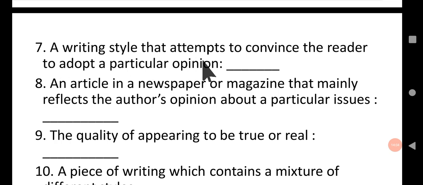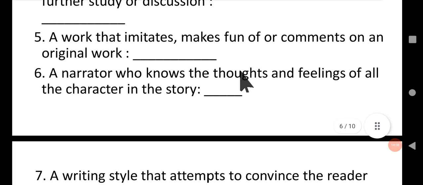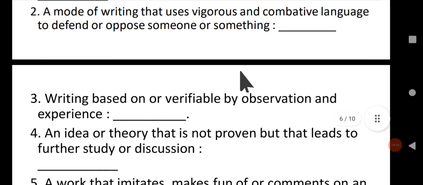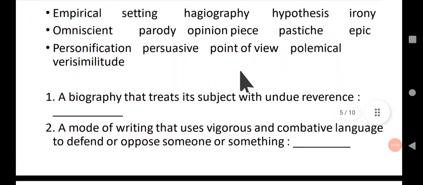See, a writing style that attempts to convince the reader to adopt a particular opinion. That is called as, see, the writer plays with the mind of the reader here. He tries to change the thoughts of the reader. He adopts the reader's opinion and tries to change the reader's perspective. That is called as persuasive writing.